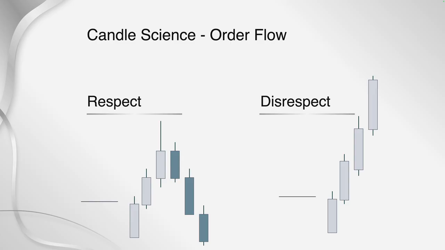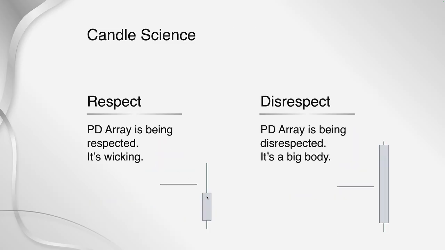So this is where it becomes extremely important to understand the following, because I can now understand if there is some confusion. When we come out of a premium array, let's say this one right here, and we overall have bullish order flow continuing higher, we come into a premium array and respect it like this, then you could argue: well, don't we have order flow on the lower time frame to continue lower?